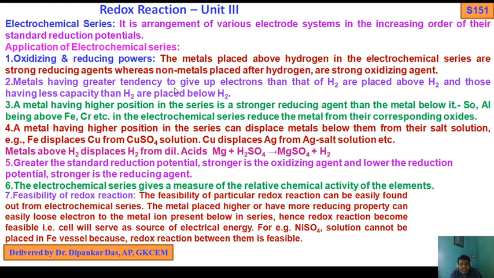Metals having a greater tendency to give up electrons than hydrogen are placed above hydrogen, and those having less capacity than hydrogen are placed below hydrogen.